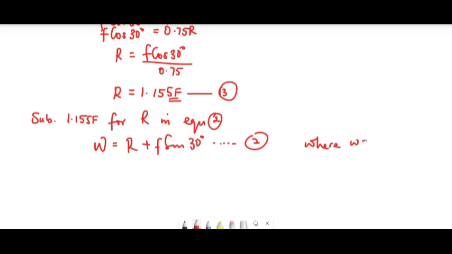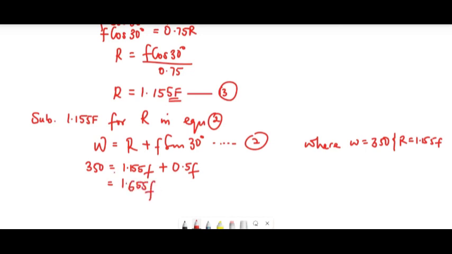So here W equals 350 and R is equal to 1.155 F. What do we have? We have 350 equals 1.155 F plus 0.5 F. So that will give us 1.655 F, everything equal to 350.